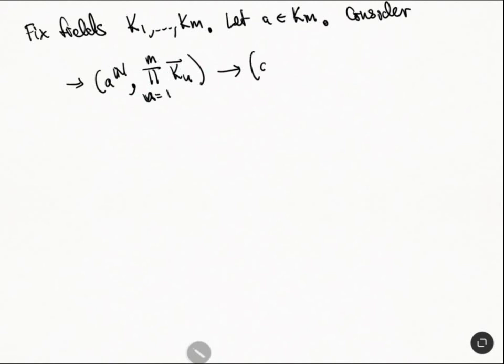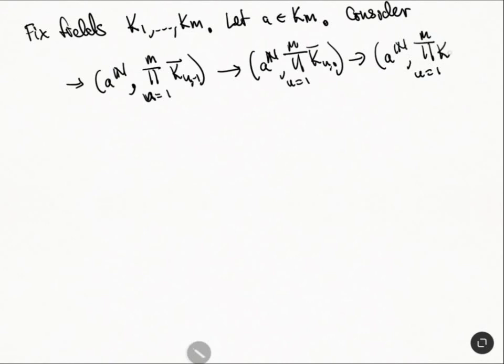Then we continue like this: the product over u equal to 1 up to m of K_u bar, and I guess we should start with 0 here, a minus 1 here, and then continue. The product over u equal to 1 up to m of K_u1, and this continues like so.